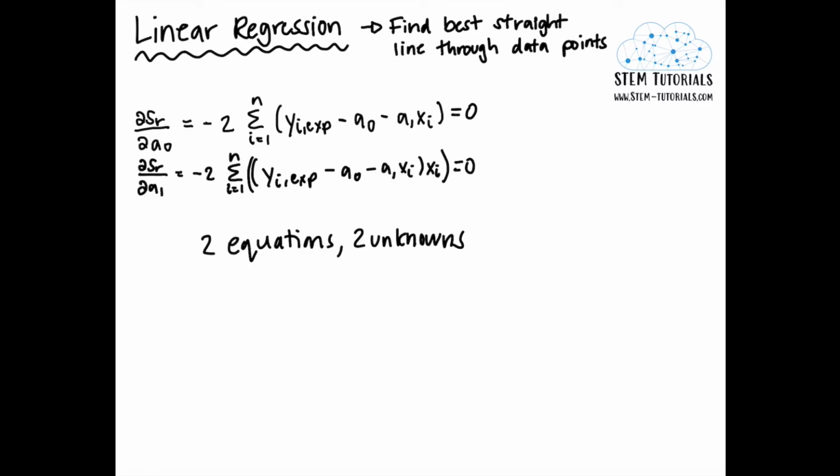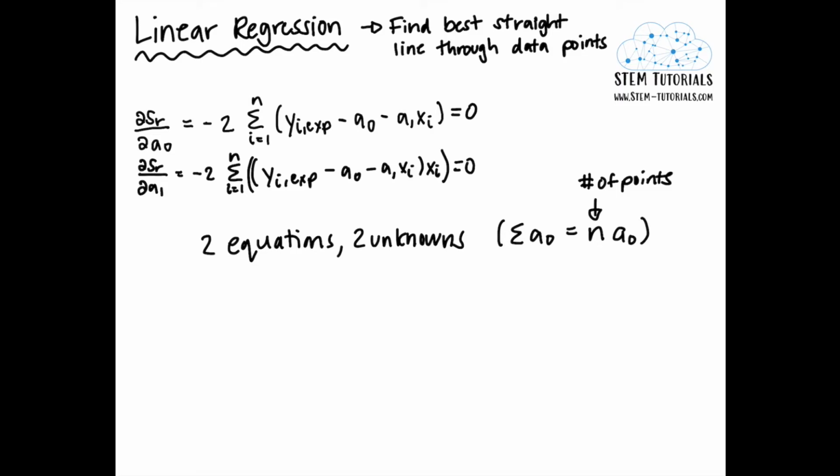And so if you do want to try to rearrange this all, keep in mind that the sum of our a0 can be described as a value n, so our number of data points, times our coefficient.